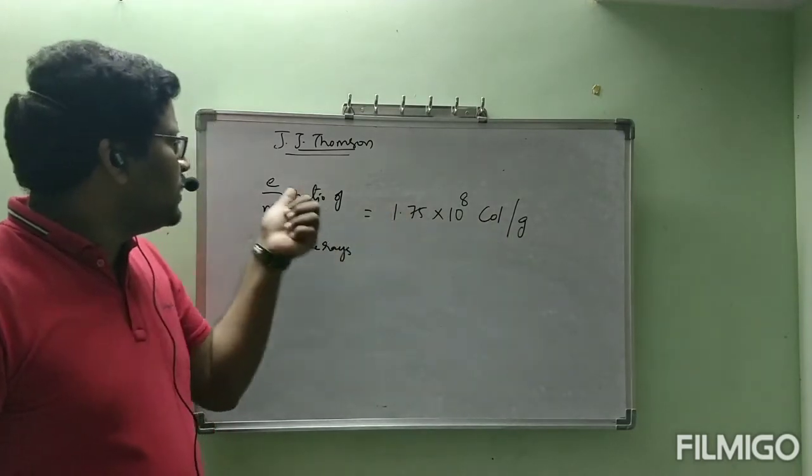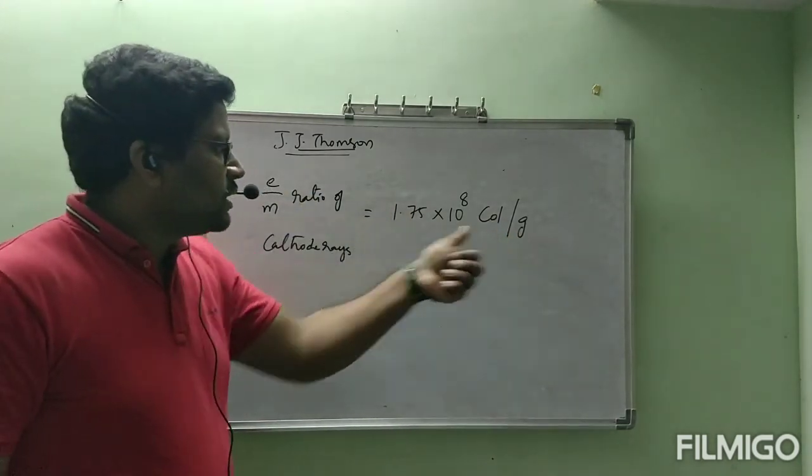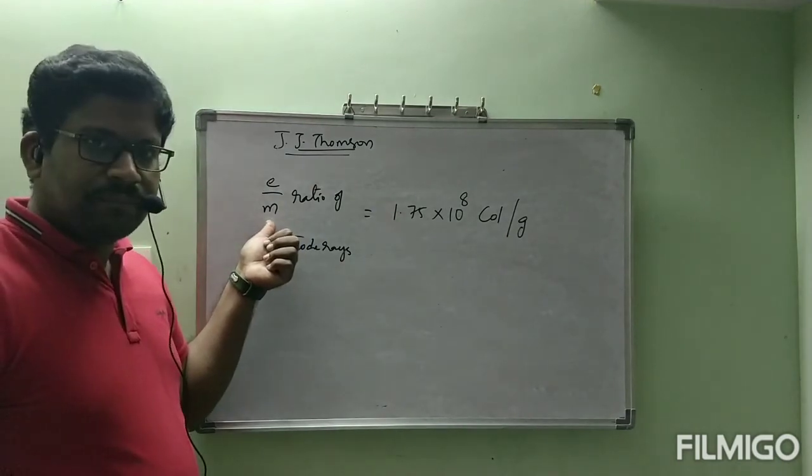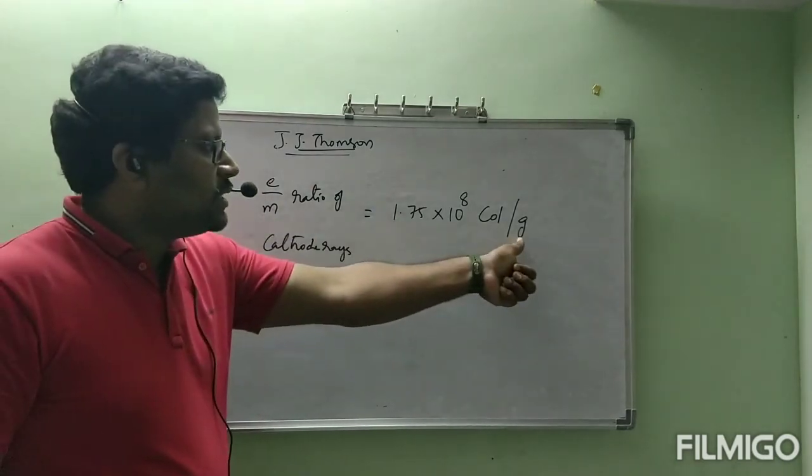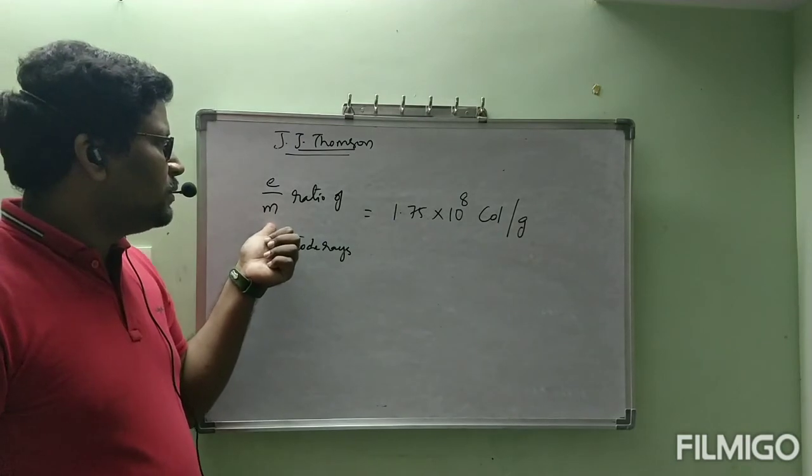Coulombs is the unit of charge, grams is the unit of mass.